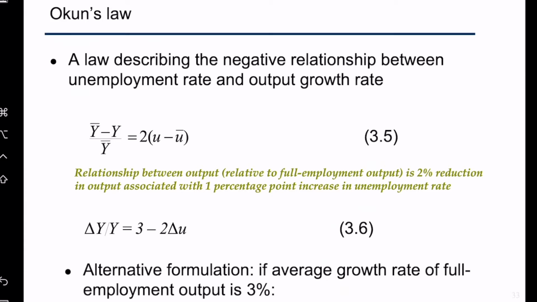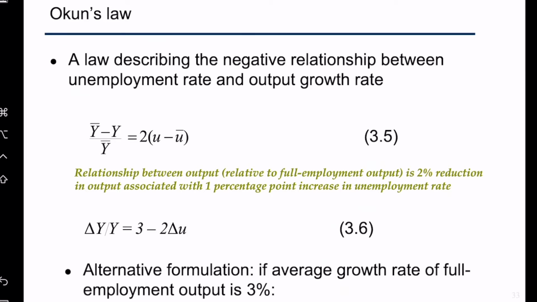Once we assume that the natural rate of unemployment remains fixed and the full employment output level remains fixed, then the changes in the cyclical unemployment rate and the deviation from the full employment output become the changes of the unemployment rate and the output growth rate.